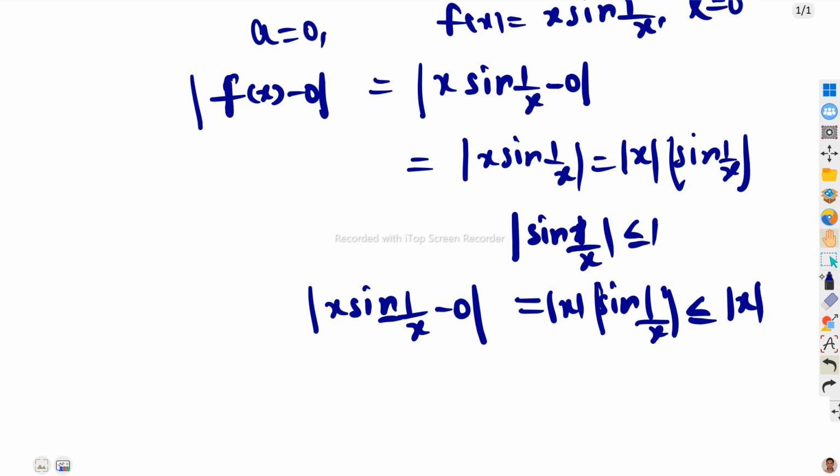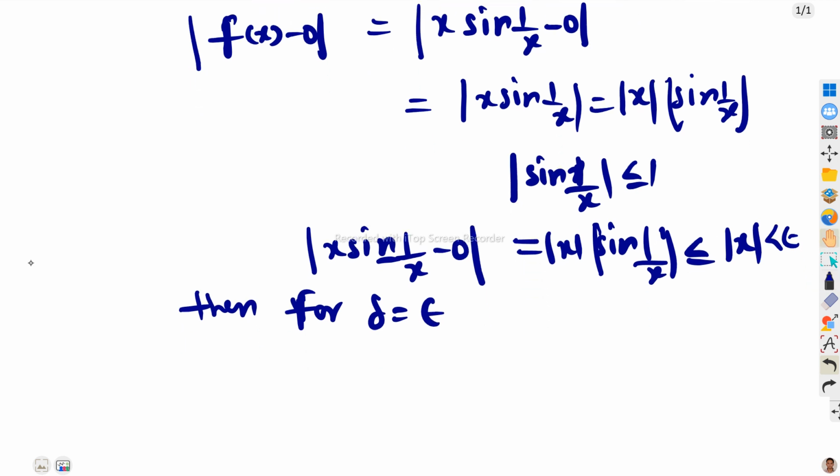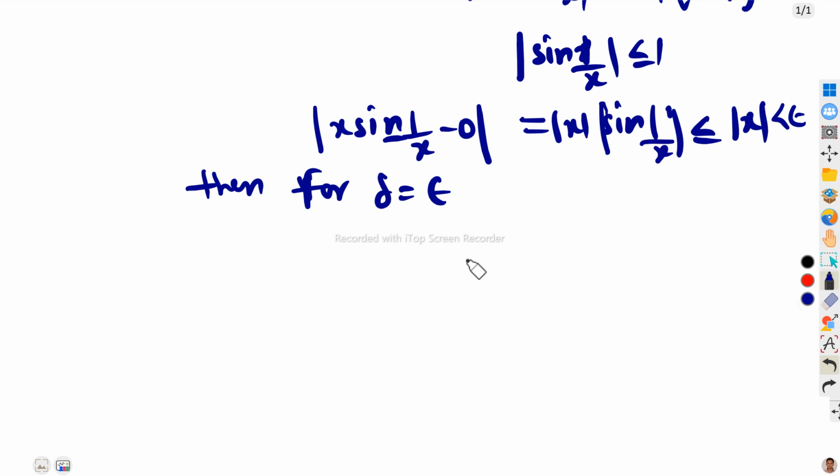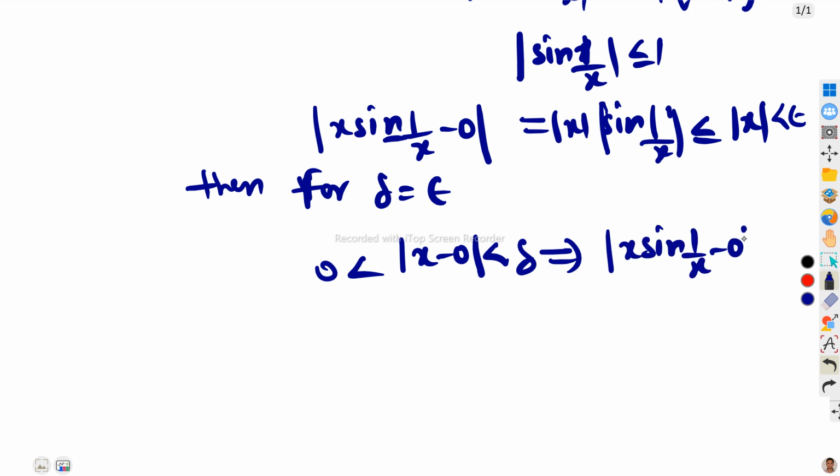If this is to be less than epsilon, then for delta equal to epsilon, |x - 0| < delta implies |x sin(1/x) - 0| < epsilon.